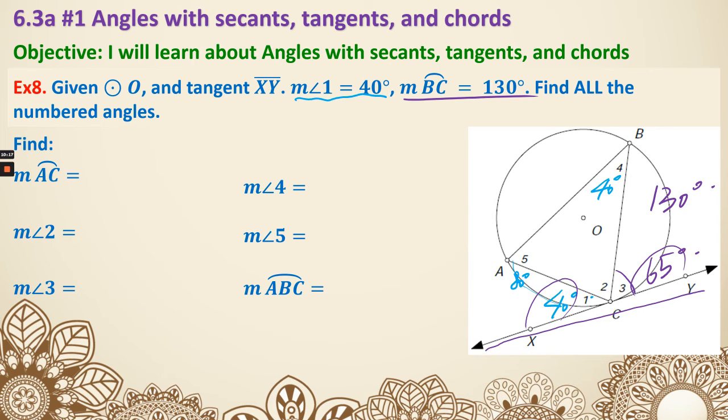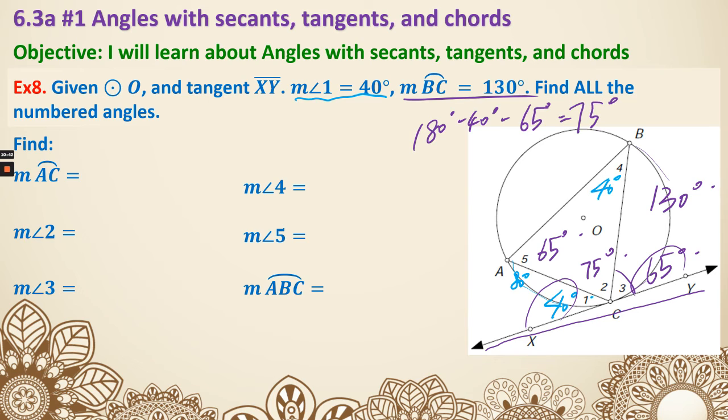So we just need to use 180 minus 40 minus 65. And that is going to give us 75 degrees. And that is angle 2. As for angle 5, it is actually facing the arc BC. So that's going to be half of it, which is 65 degrees.